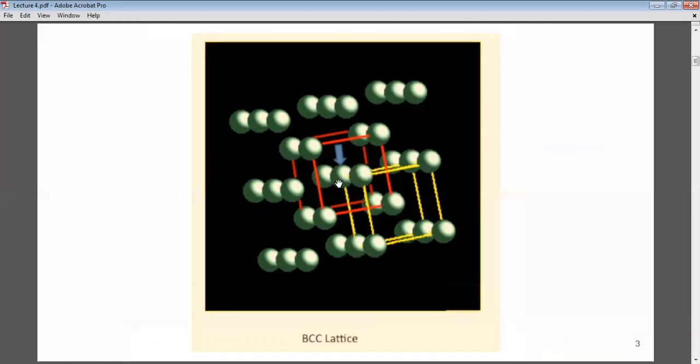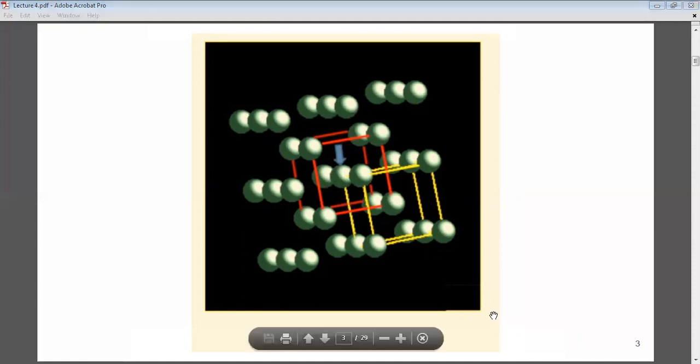Now, let's look at one of the corners of the yellow outlined cube. We notice that it's at the center of another cube, which is red outlined over here. So indeed, all atoms are in the center of some cube, so they are all equivalent.